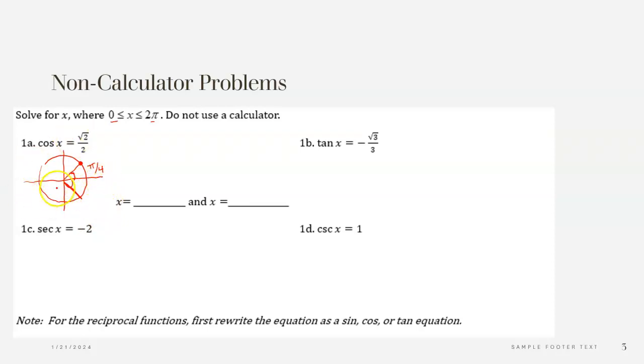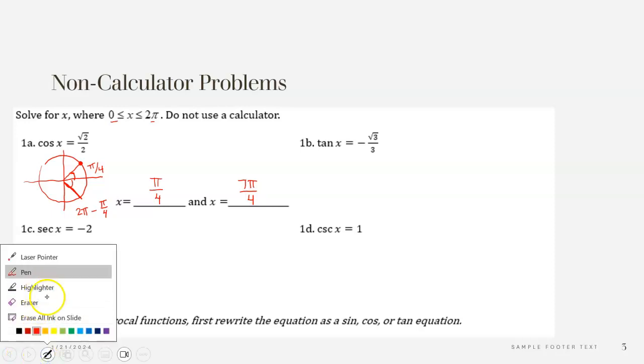So if I want a value between 0 and 2 pi, I want something that is pi over 4 less than 2 pi, so 7 pi over 4. So my two values are going to be x equals pi over 4 and x equals 7 pi over 4, just a little bit short of 2 pi.